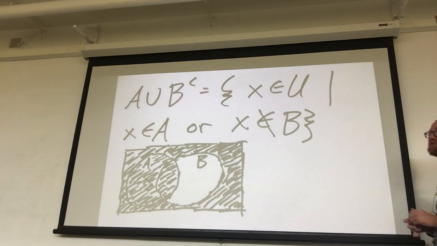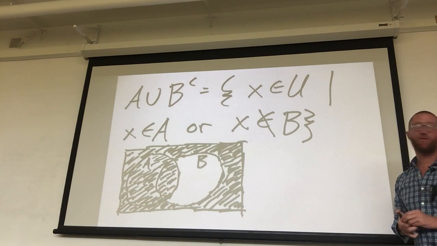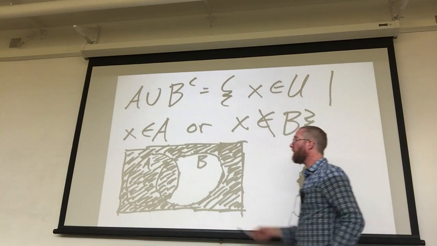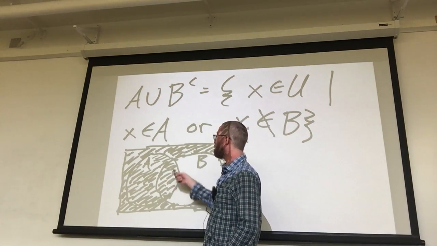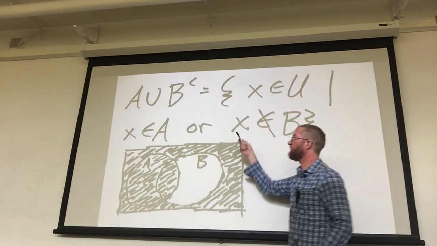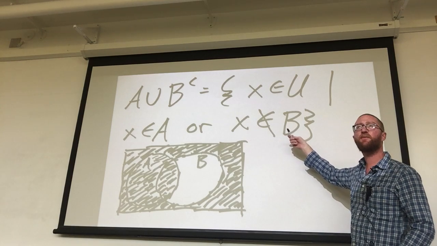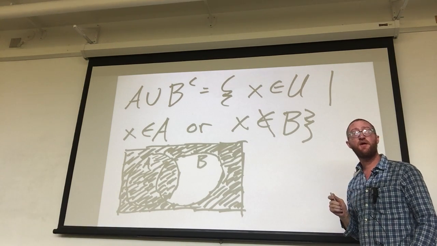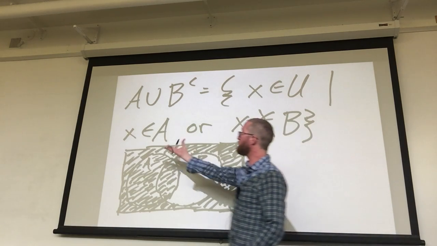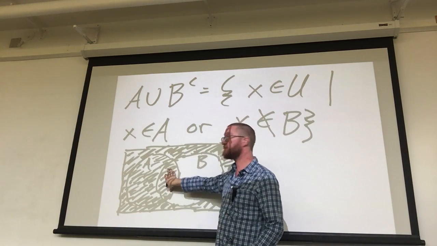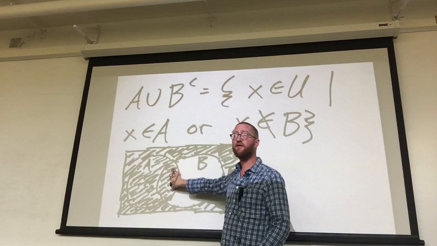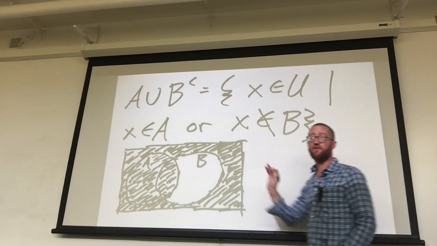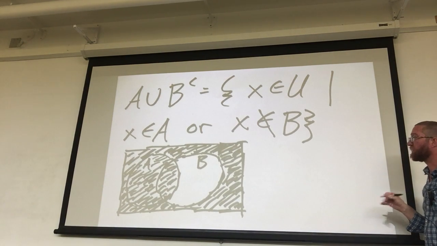Okay, now a lot of people, when you see this diagram, they would look at the intersection of A and B and say, oh, why are you filling this in right here? Because you have this statement right here, X is not in B. This is an or statement, not an and statement. So X can exist within A, and there is this intersection with A and B, but this is an or statement, not an and statement. Okay?